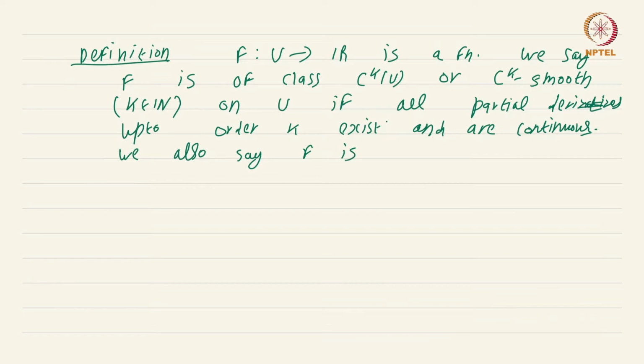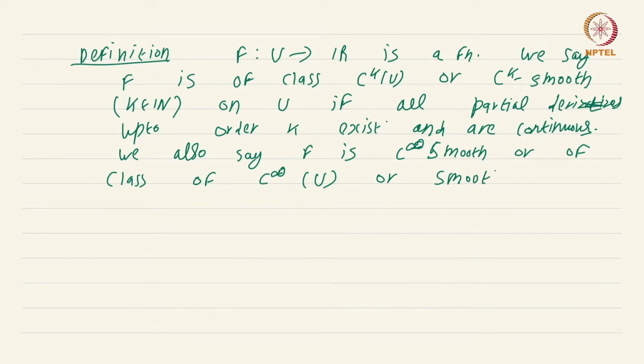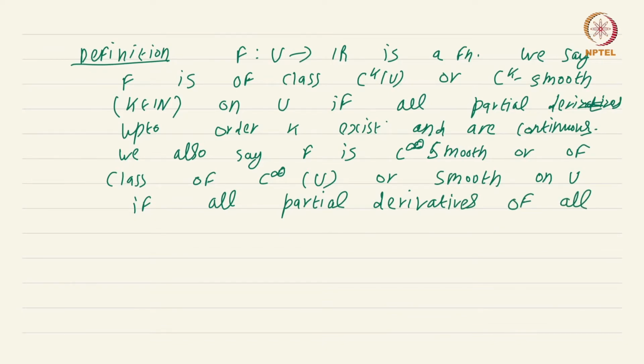We also say f is C infinity smooth or of class C infinity(U) or just plain smooth without any further qualifications, or just smooth on U if all partial derivatives of all orders exist.